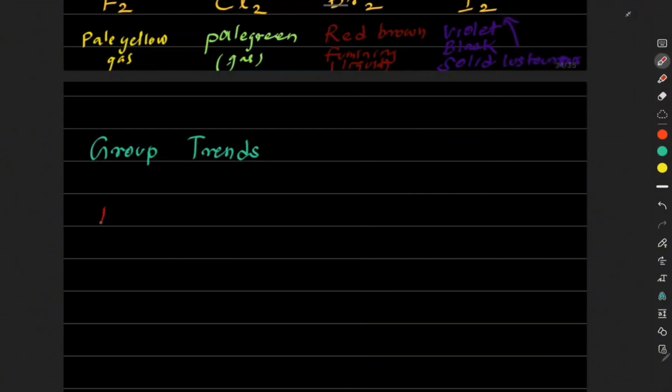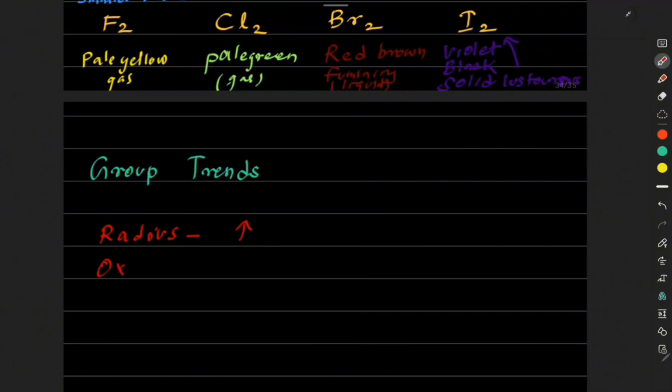Radius increases down the group. Oxidizing ability decreases down the group, as the radius increases.